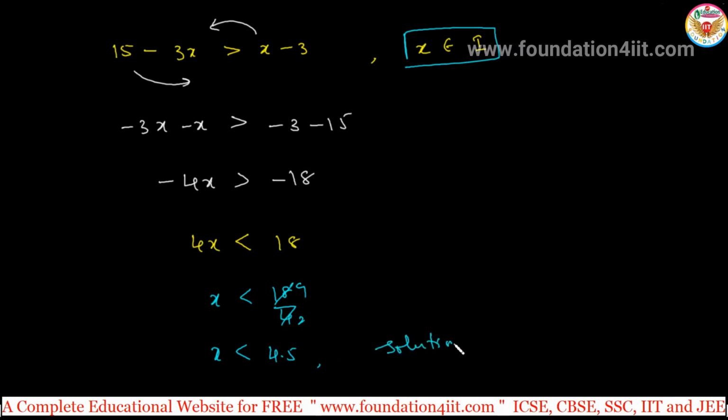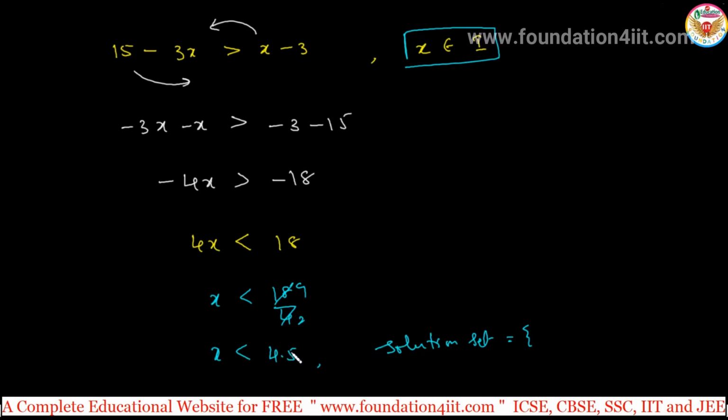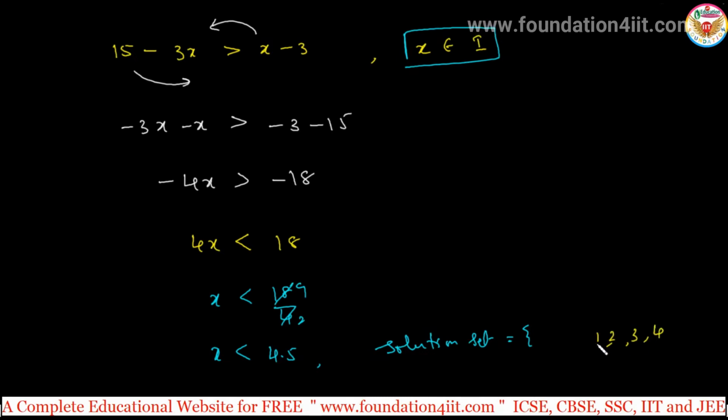Then the solution set. When you come to the solution set, x belongs to integers, but the x value is less than 4.5. So 4.5 means next it is 4, 3, 2, 1, 0, even negative integers, minus 1, and so on, infinite till the negative side.